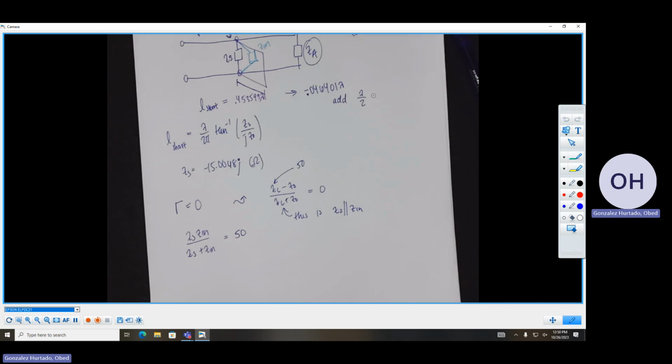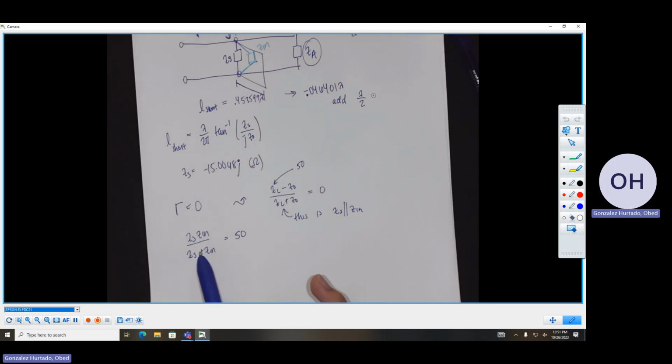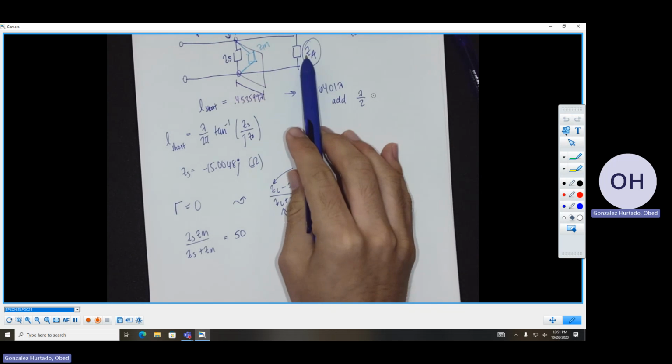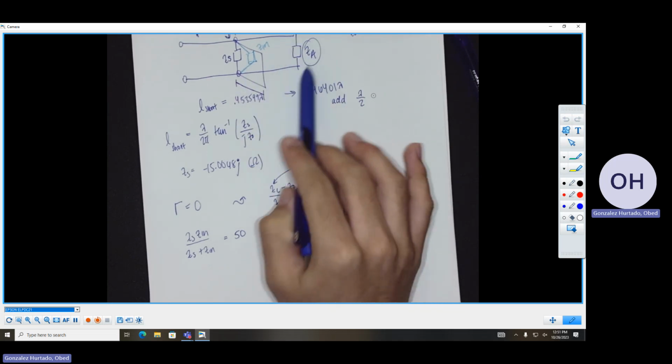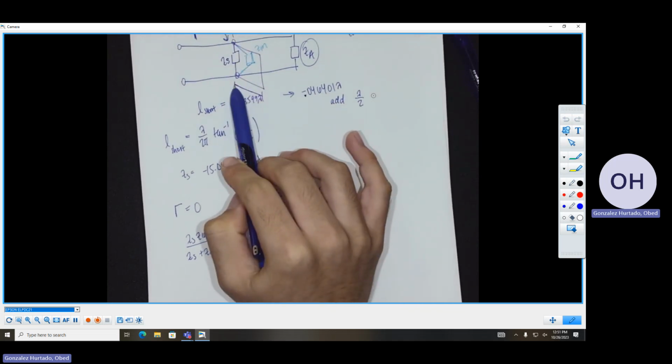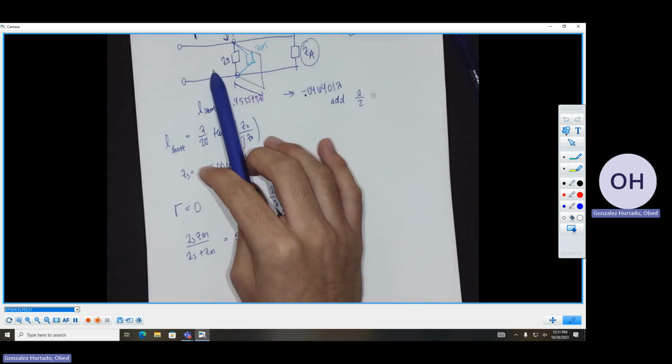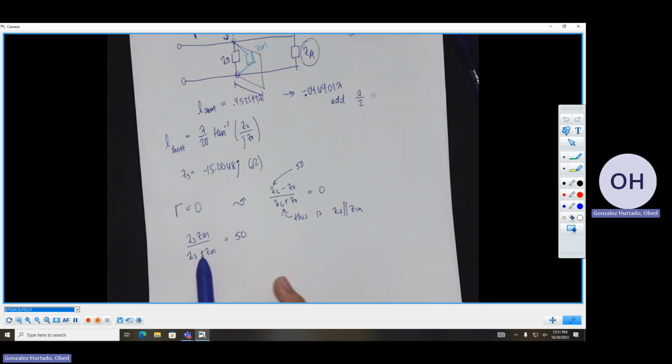Yes. From there, our only unknown is ZS. One thing you could say is that Zn is the input impedance for Za at this location. Then you can say ZS is in parallel with Zn, and we get this equation.